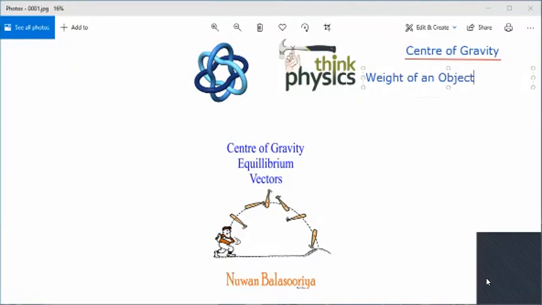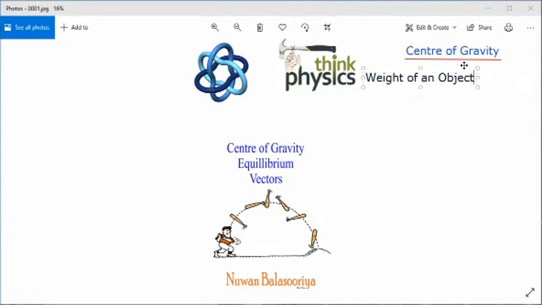Okay, dear. So what is the heading? Center of gravity. What is the subheading? Weight of an object.